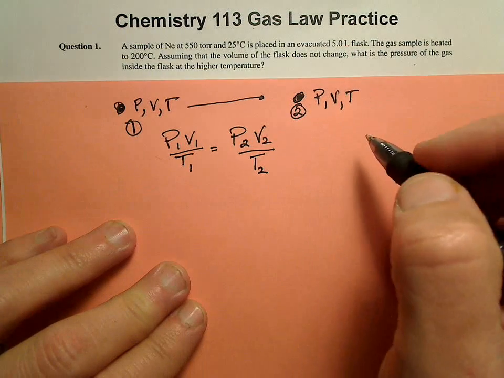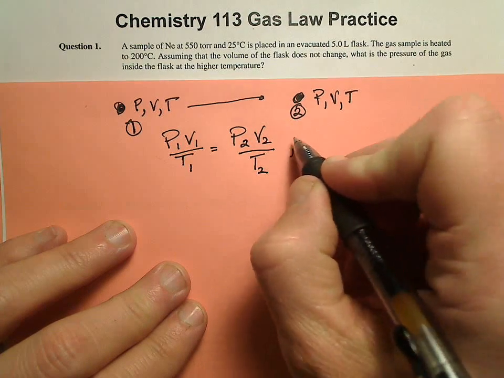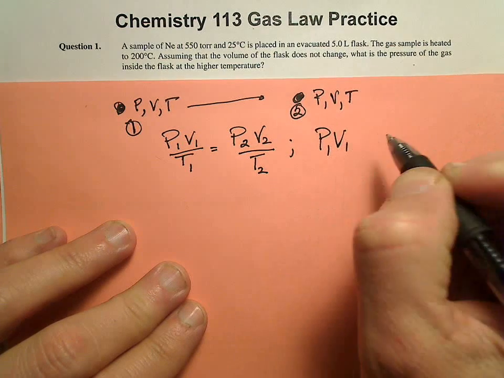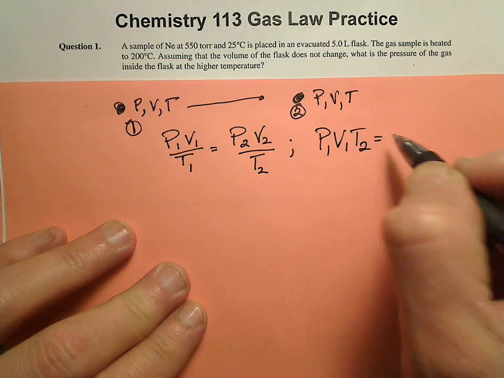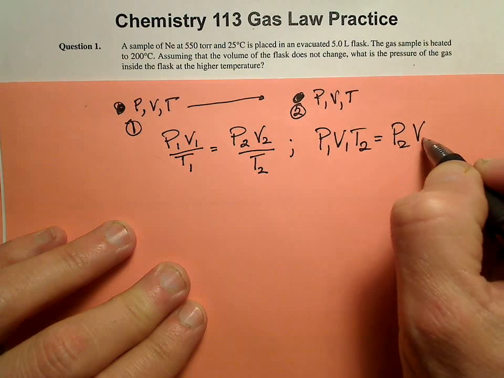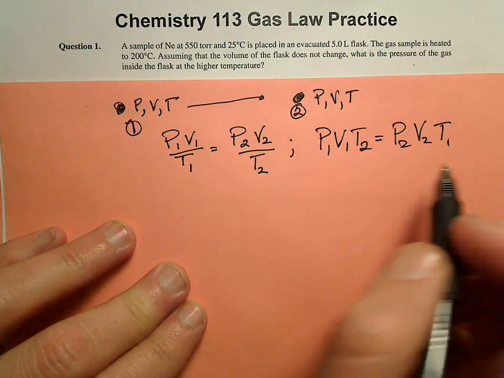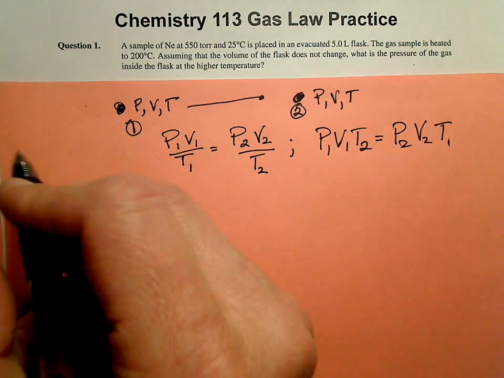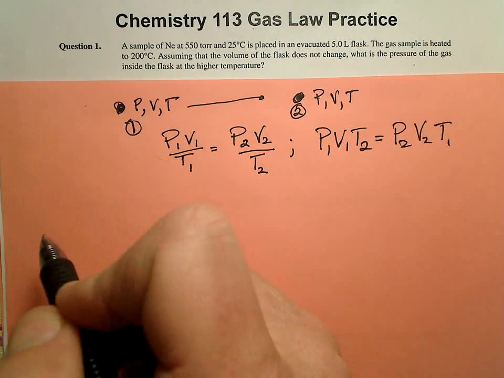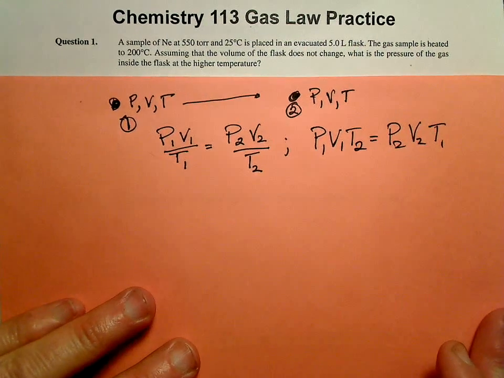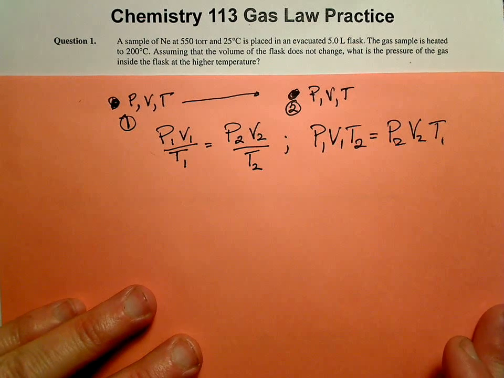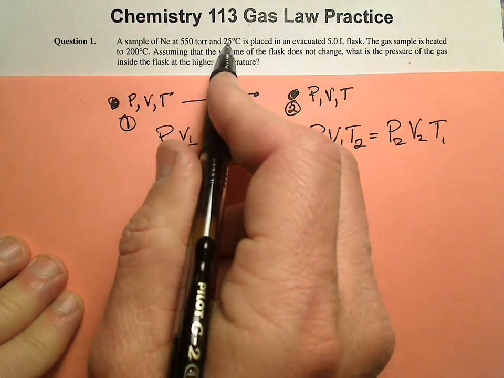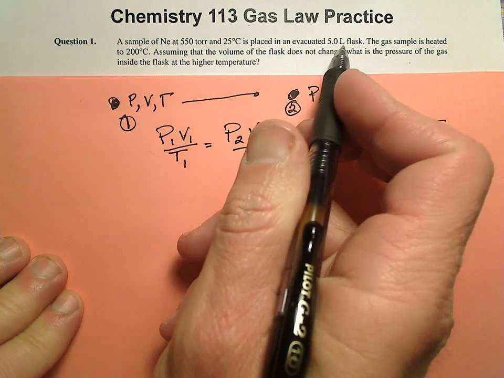And we may rewrite this into something that folks have a little easier time with: P1 V1 T2 equals P2 V2 times T1. Same thing, just rewritten. All right. So what do we know? Well, we've got a pressure of 550 torr, a temperature of 25 degrees C, and a volume.